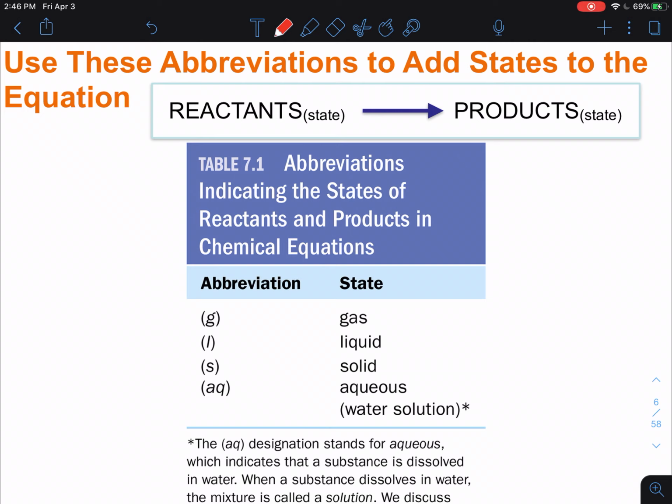An example of this would be sodium chloride, AQ, right? We all know that salt is soluble in water. We'll talk about what happens when we actually dissolve salt in water. But if you see something like sodium chloride and then a subscript AQ next to it, that means that salt is in solution. It's in a water solution, an aqueous solution.